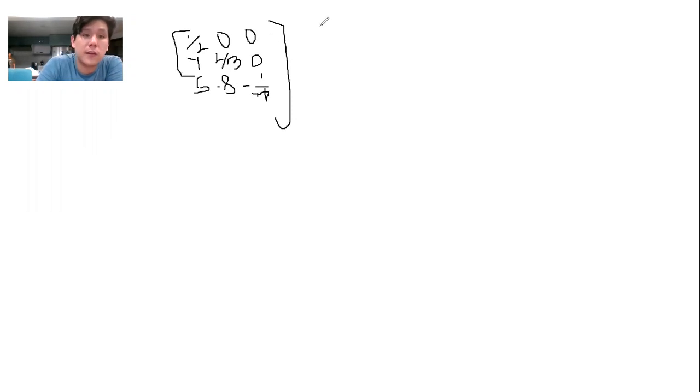By knowing that, we can say that we don't have to put our lambda on the diagonal, so we just go straight to lambda equals 1/2, lambda equals 2/3, and lambda equals minus 1/4.